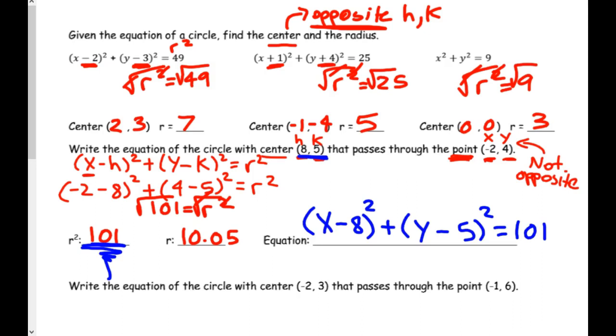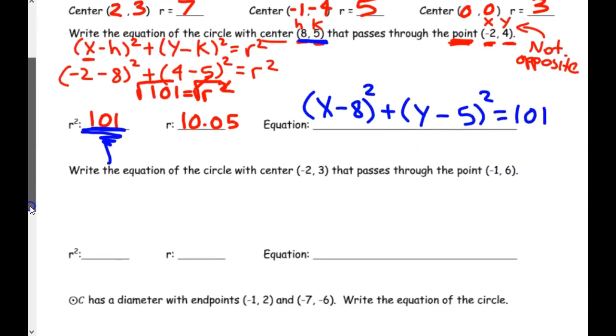I know that one's tricky, okay, but that's the hardest type, kind of, on these notes, okay? So, we'll do the next one kind of a little faster just to get it done. So, same idea. I'm going to use this as my x and y, and this is my h and k.